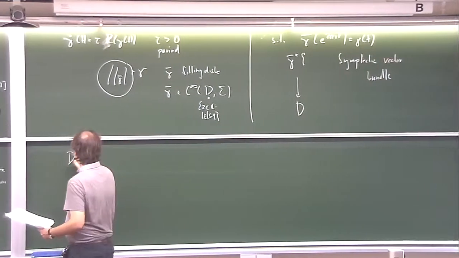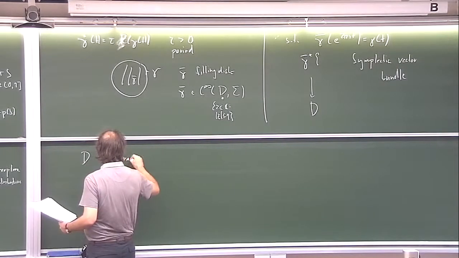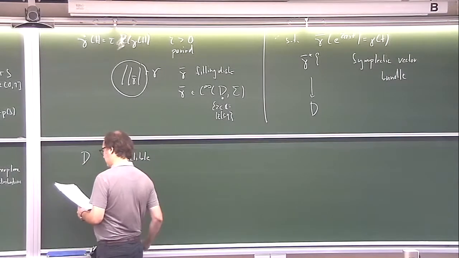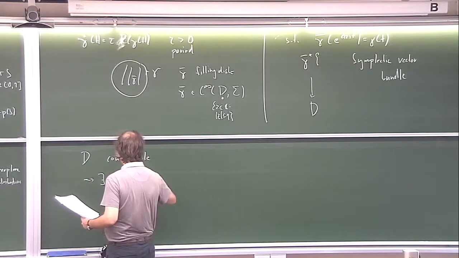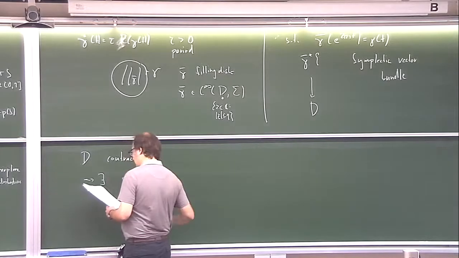So D is contractible. Therefore there exists a symplectic trivialization.